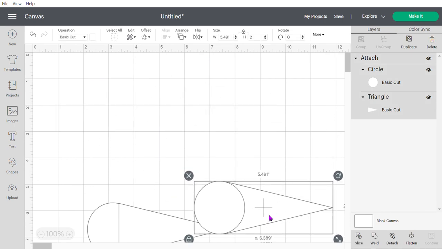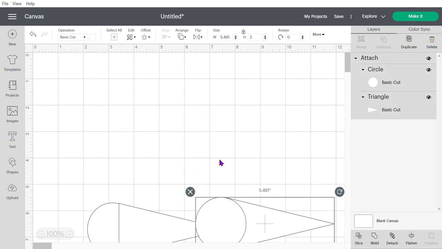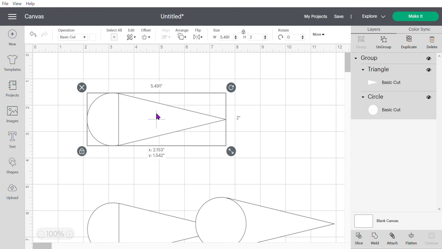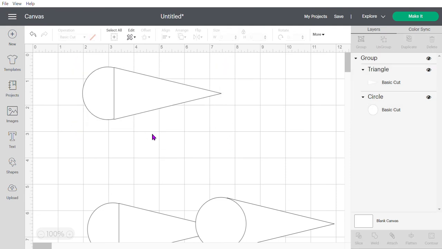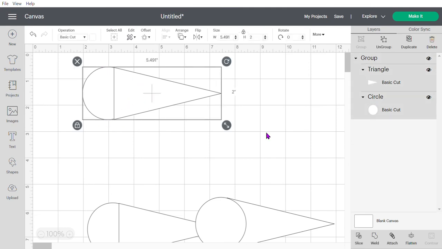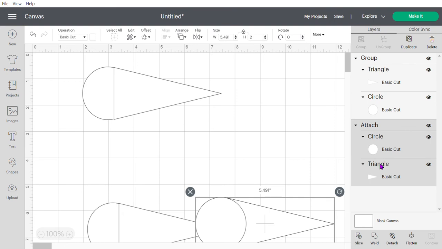Now, we're going to take attach down there, and I'm going to paste again. We're going to talk about weld this time. Attach, you're going to get a cut here, and you're going to get a cut out of the circle. What weld does is basically glue the two pieces together to make one shape. It's no longer going to be two completely different shapes like the triangle and the circle over here.